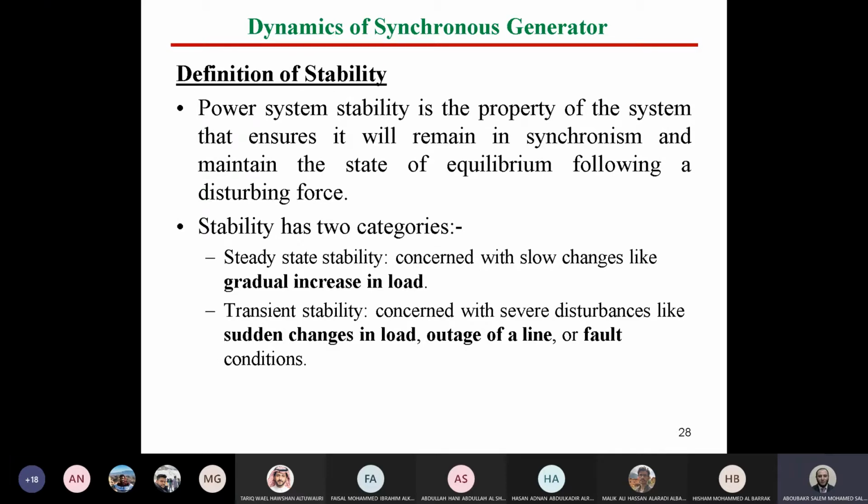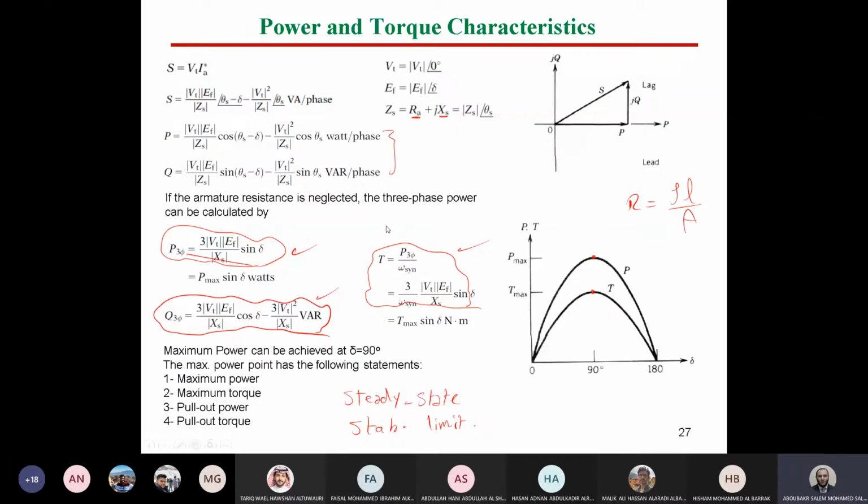Generally, Shabab, power system stability is the property of the system that ensures it will remain in synchronism and maintain the state of equilibrium following a disturbance or disturbing force, which means if we are operating at a certain point, assume we are working at this point here.